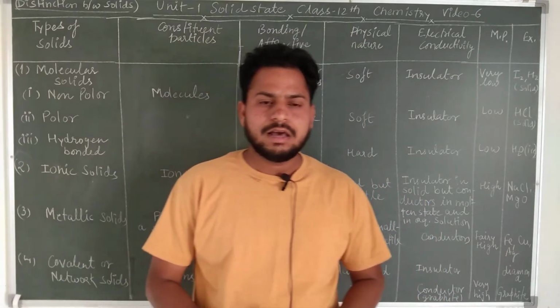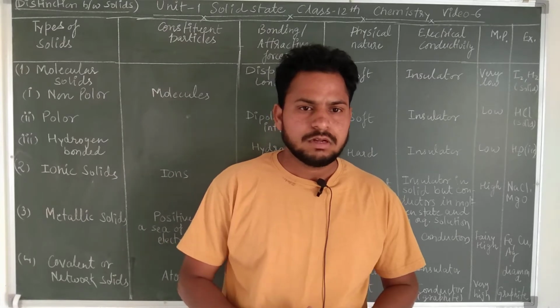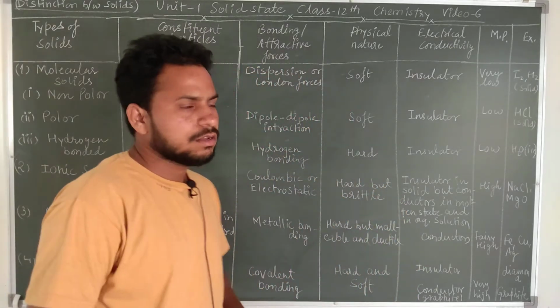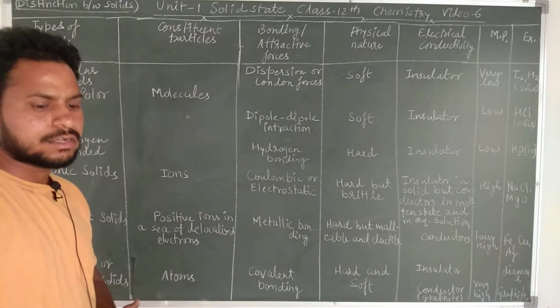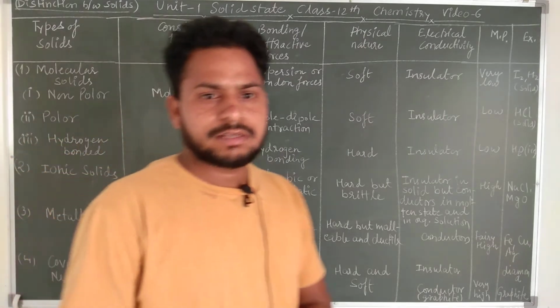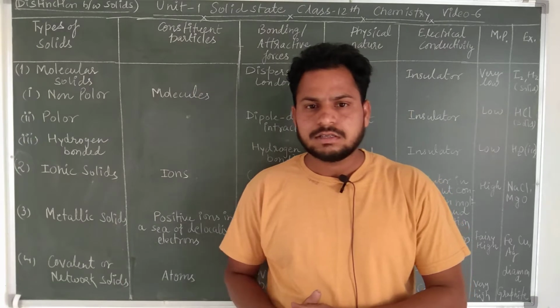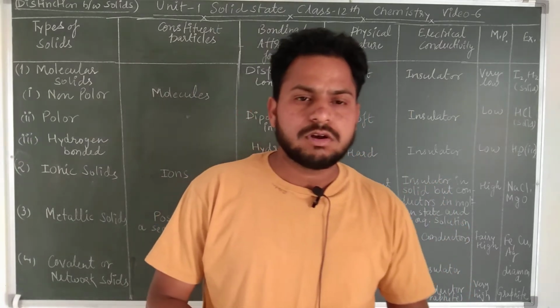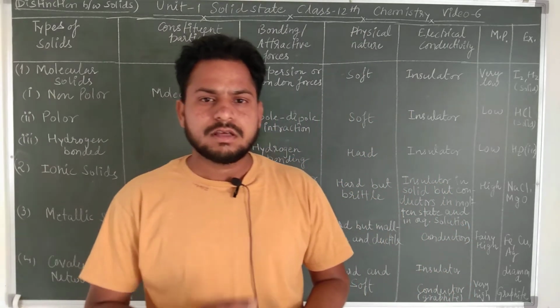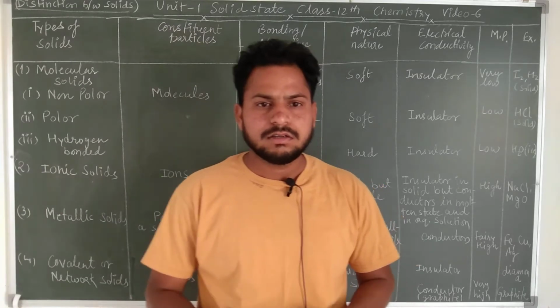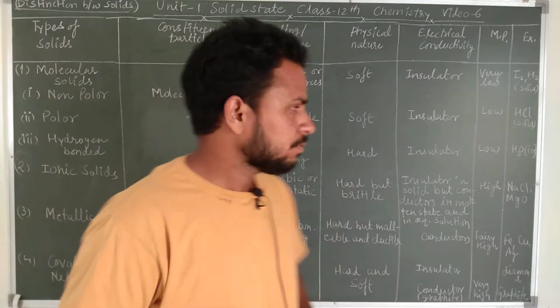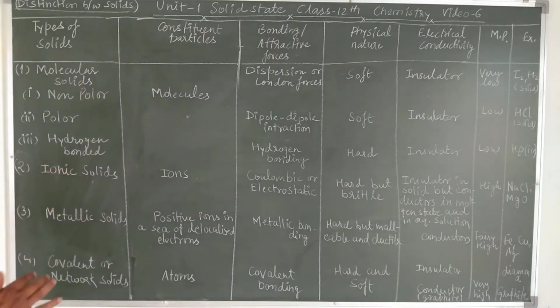So today I will discuss with you a distinction between crystalline solids. In the previous video lecture we discussed crystalline solids: molecular solids, covalent solids, metallic solids, and the fourth one, ionic solids.